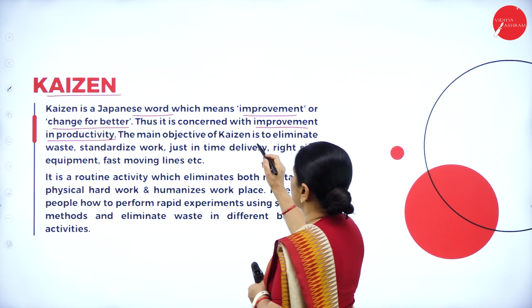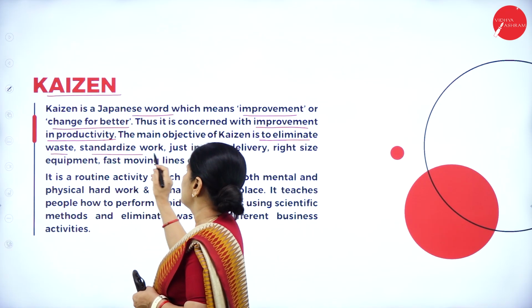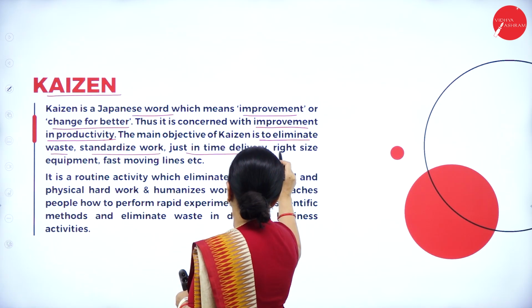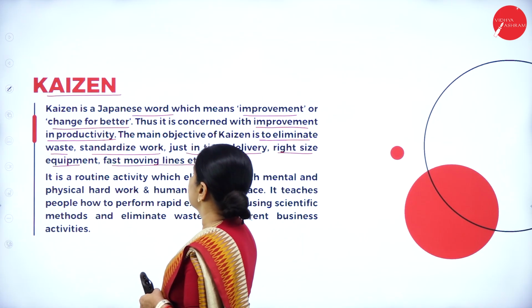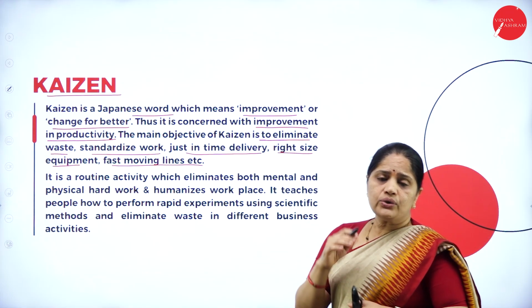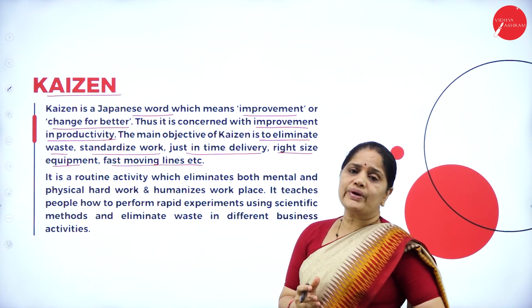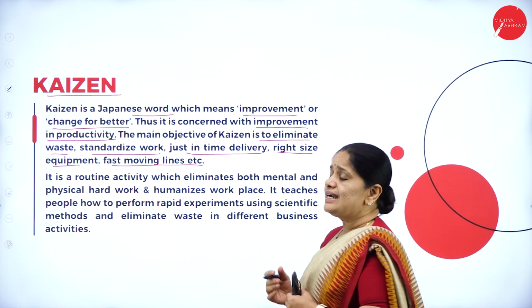The main objective of Kaizen is to eliminate waste, standardize work, just-in-time delivery, right size of equipment, fast moving lines, etc. So the main objective of Kaizen is to eliminate the waste. So whatever is waste, keep the waste as minimum as possible. Then standardize the work.